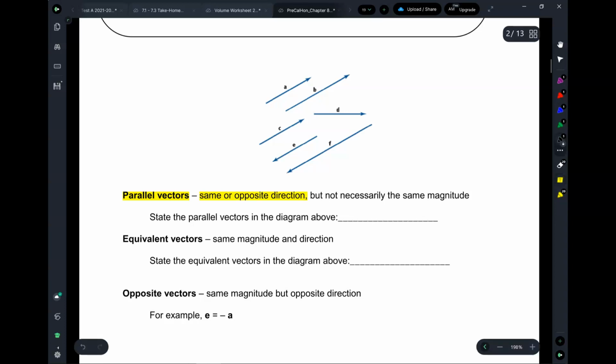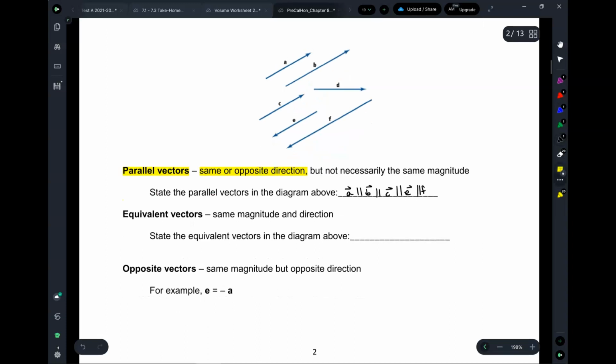So take a look at vector A here. Which one of these would you say it's parallel to? B. Okay, what else? C and E and F, right? Good.